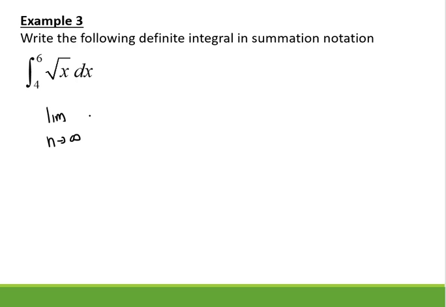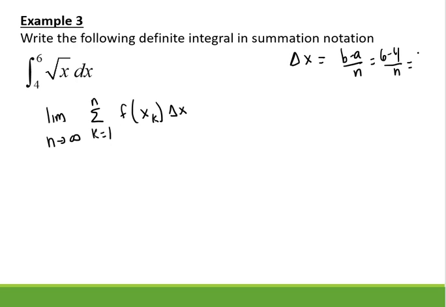We're going to start with k equaling 1, f of x sub k delta x. So let's do some work over here to the side. Remember, delta x is b minus a over n, which is 6 minus 4 over n. So that's 2 over n.